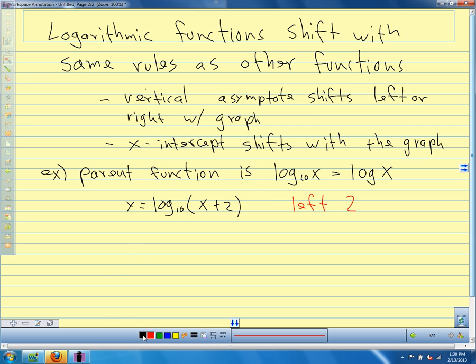What about the graph y equals log base 10 of x plus 2, minus 1? How is that one going to shift?